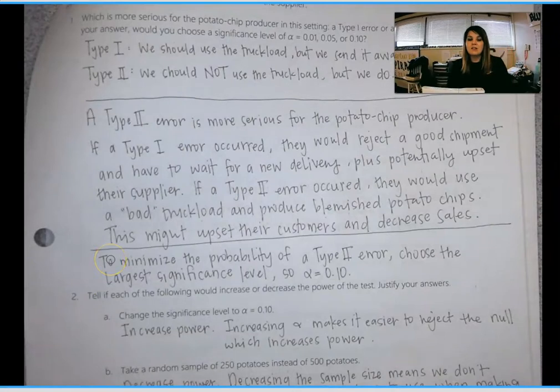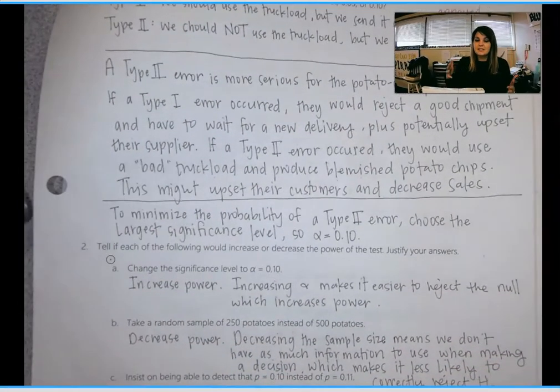So for crazy people like me who really love potato chips, I might become annoyed if more of my bag is the grody chips. So I think this is a very extreme example. I don't know that I would ever stop buying my favorite brand if there were a little extra blemished potatoes. But the thinking is that if you release a bunch of blemished potato chips, your customers might be angry.